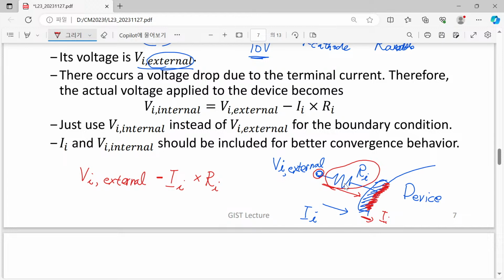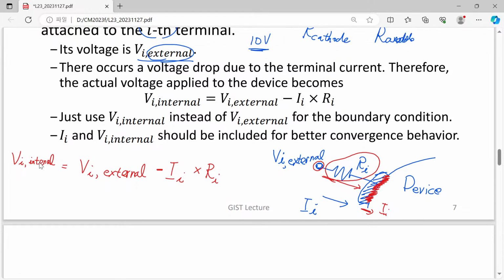So now we can define this quantity as an internal voltage, as shown here, and use this internal voltage instead of the external voltage for our boundary condition. That's it.